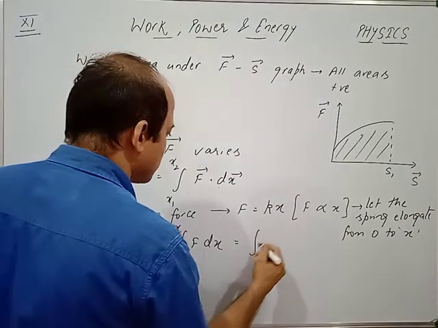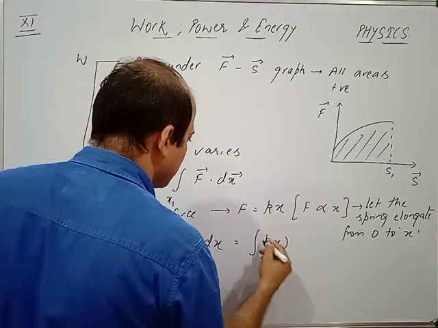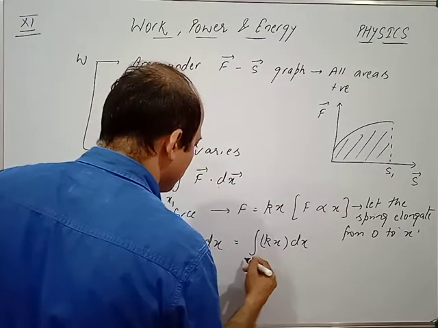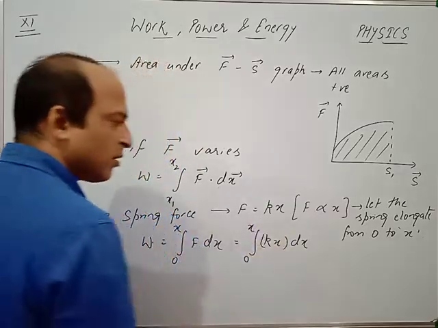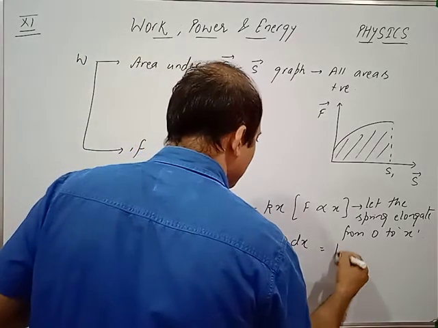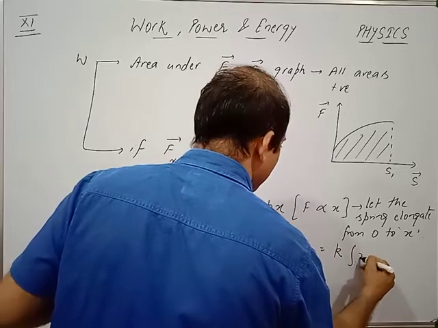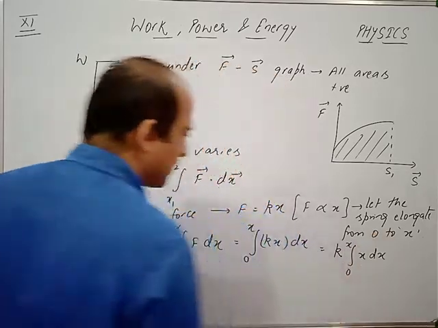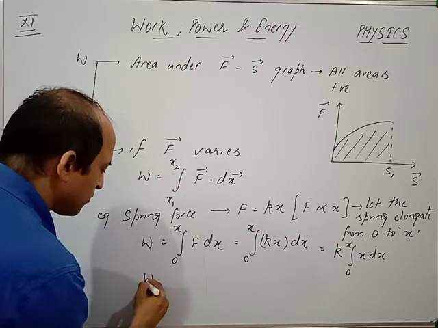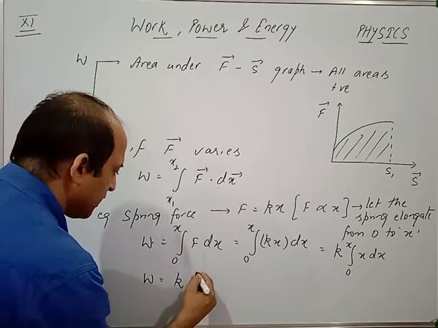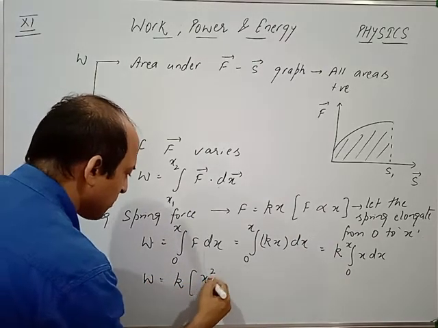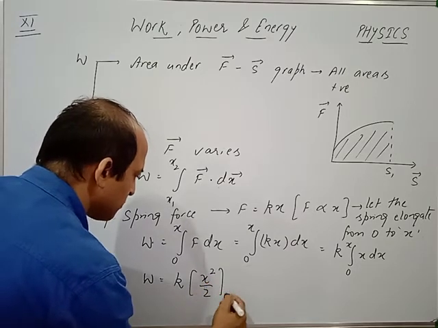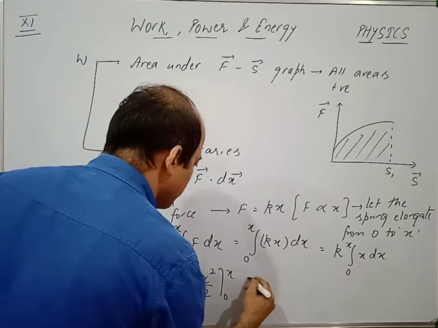Put the value of force, that is kx, dx from 0 to x. Taking k, being constant, outside, we are left with x dx from 0 to x. Now integrate this. Work done equals k times x square by 2 from 0 to x. Apply the limits.